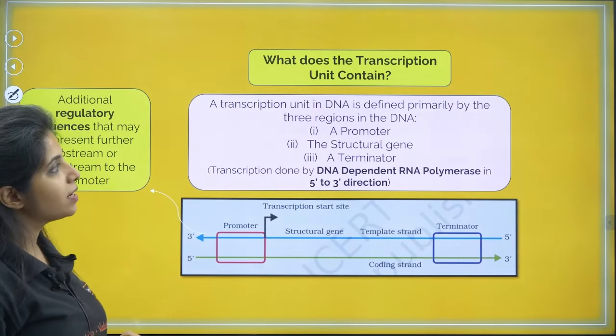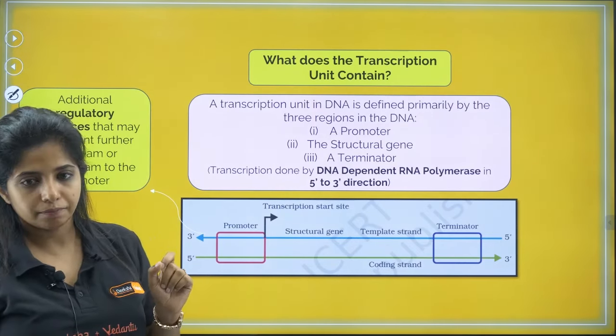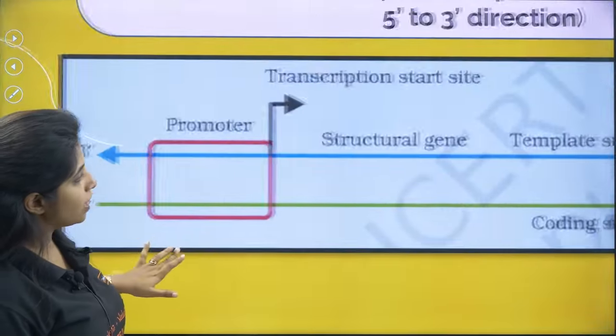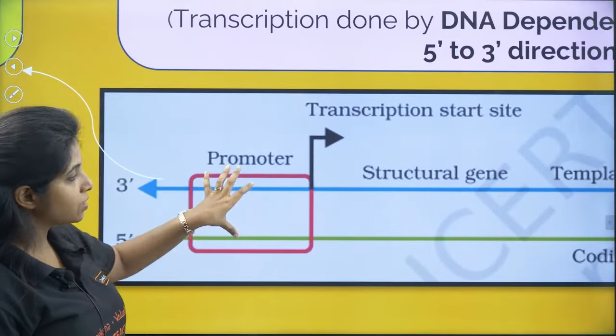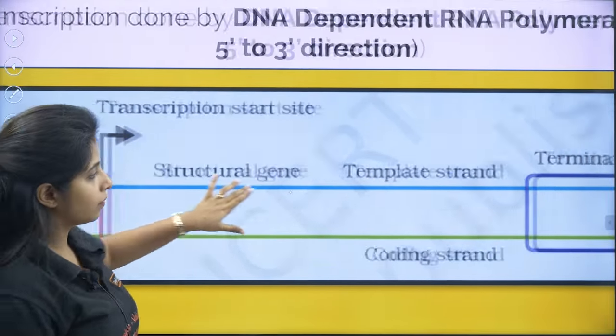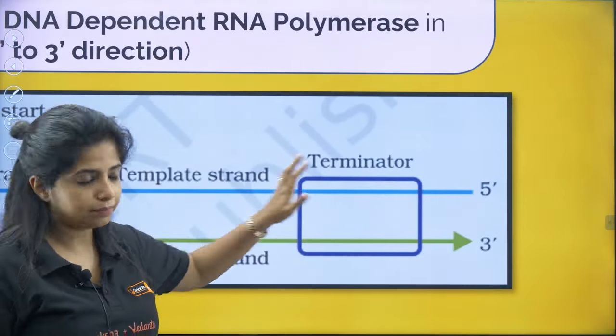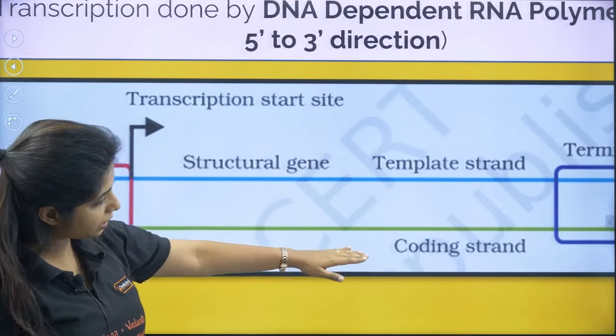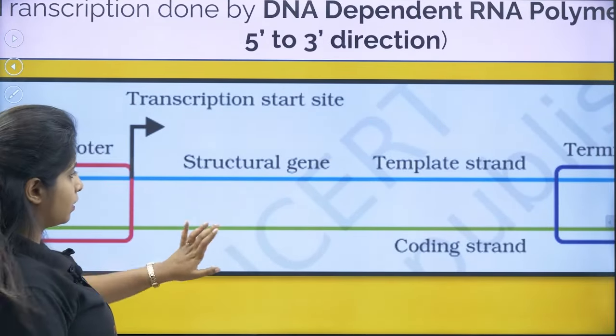First is transcription. What does the transcription unit contain? So this is a transcription unit. As you can see over here, the transcription unit contains a promoter region, the structural gene, and a terminator region. The upper strand is known as template strand. Here the lower one is known as coding strand.